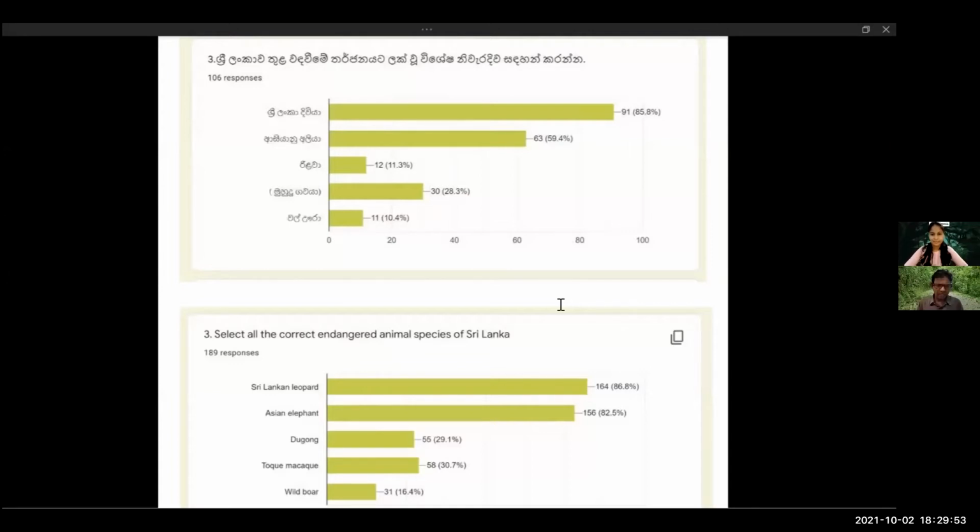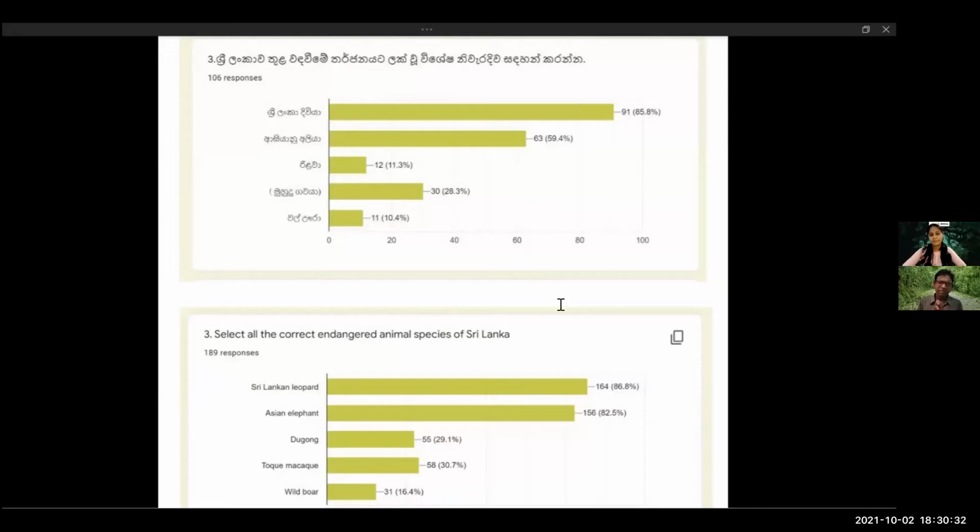As Professor Kotagama mentioned, there are endangered species, and the basic criteria we use to classify them is the IUCN Red List criteria, which has about 6 different categories. If a species is threatened, endangered, or critically endangered, we call them endangered species.